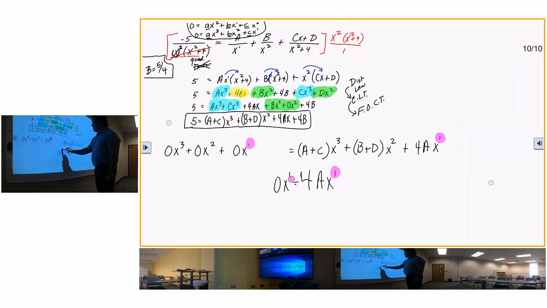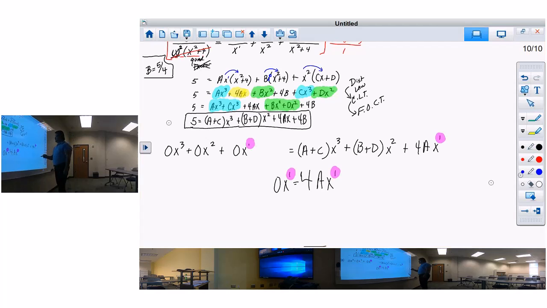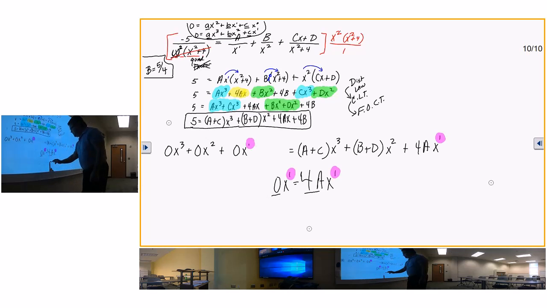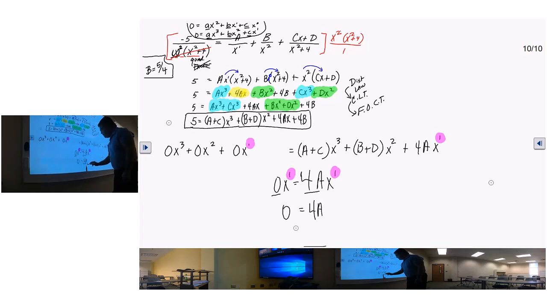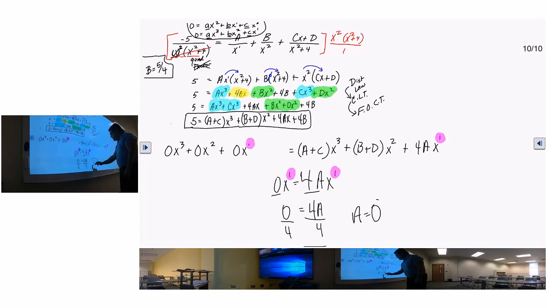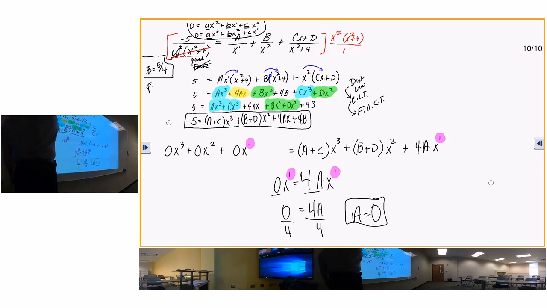Since the x to the first is equal to x to the first, that means these two coefficients are equal to each other. So 4a is equal to 0, divided by 4, divided by 4. A is equal to what? 0. Write that down. A is equal to 0.